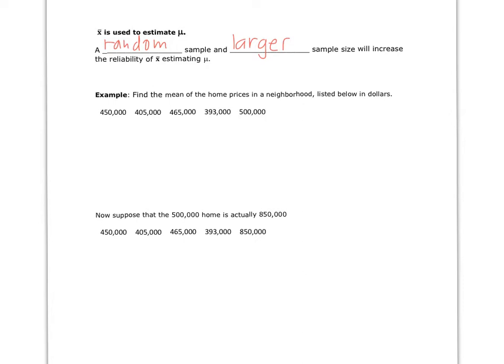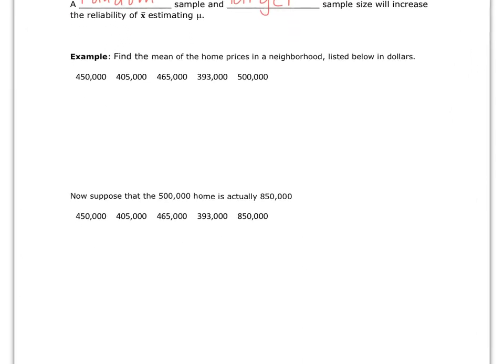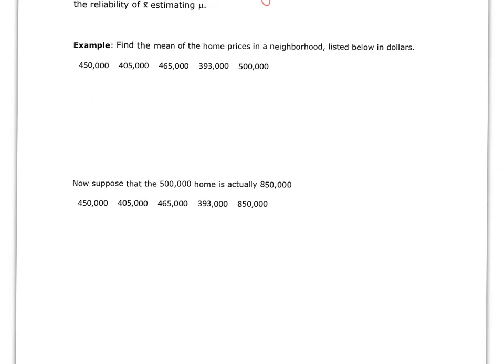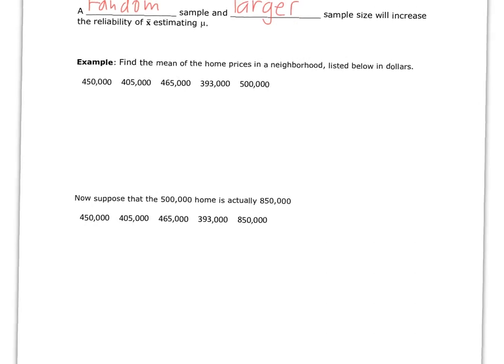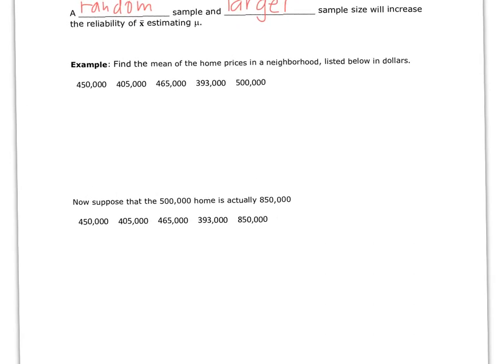All right, let's look at an example. Let's look at this sample of home prices in a neighborhood listed in dollars. So it's a sample, so we're going to be calculating x bar. So x bar, we're going to sum up the x values and divide by the number that are there, which is 5.